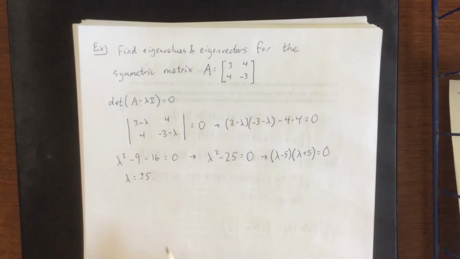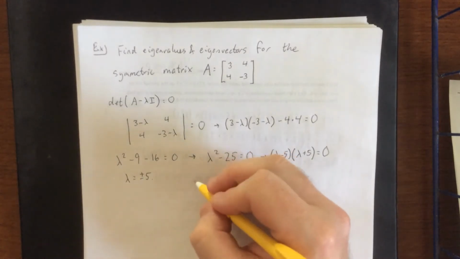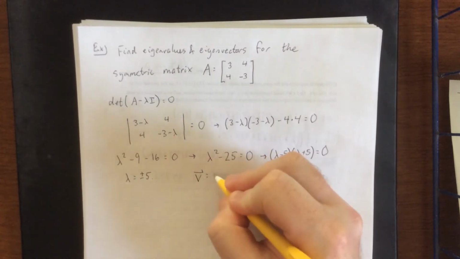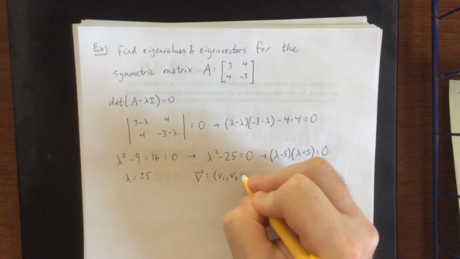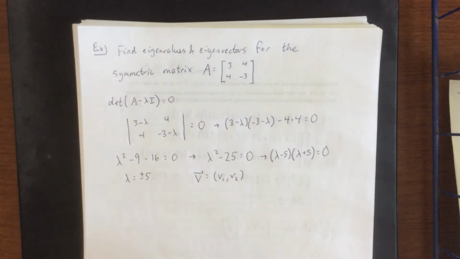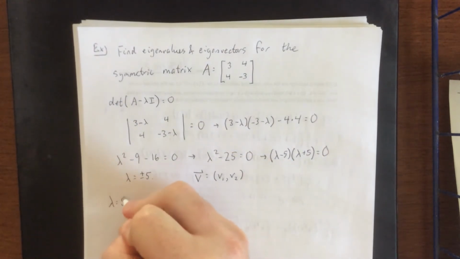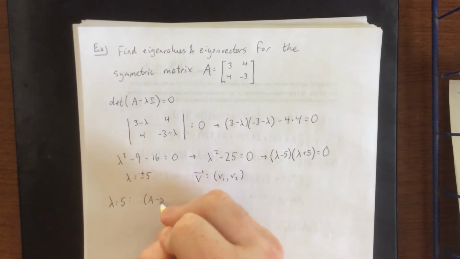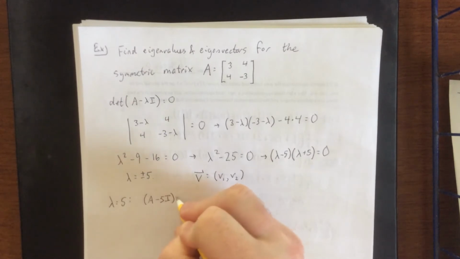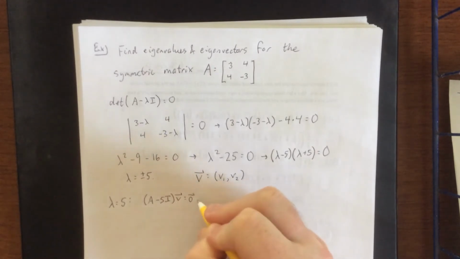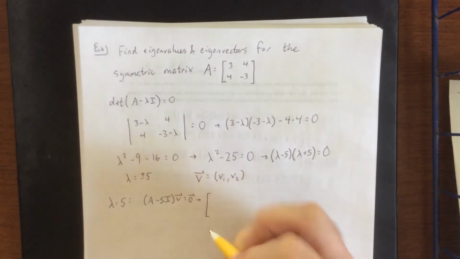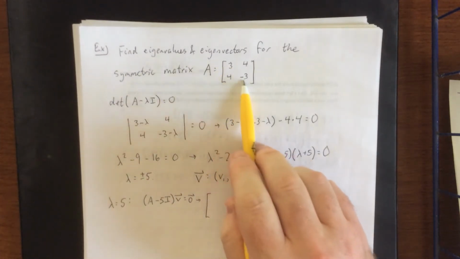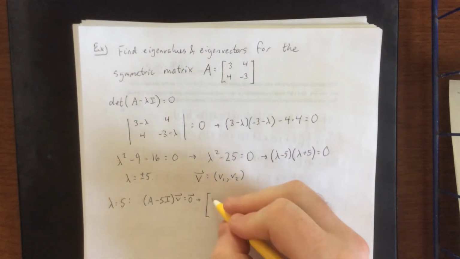So with that in mind, we're going to come up with the corresponding eigenvectors by plugging them into the following. We'll say let V be equal to an eigenvector of the form V1, V2. So let's start with lambda equals positive 5. So we're going to set up that A minus 5I times V is equal to the 0 vector. That is to say, subtract 5 from each of the entries on the main diagonal.